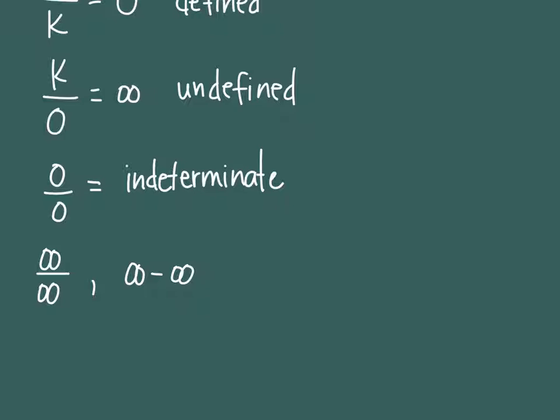Because they say anything divided by itself is 1. Not infinity divided by infinity, and not 0 divided by 0. Or they say anything subtracted by itself is 0. Not infinity minus infinity. Okay, because there are different degrees of infinity.